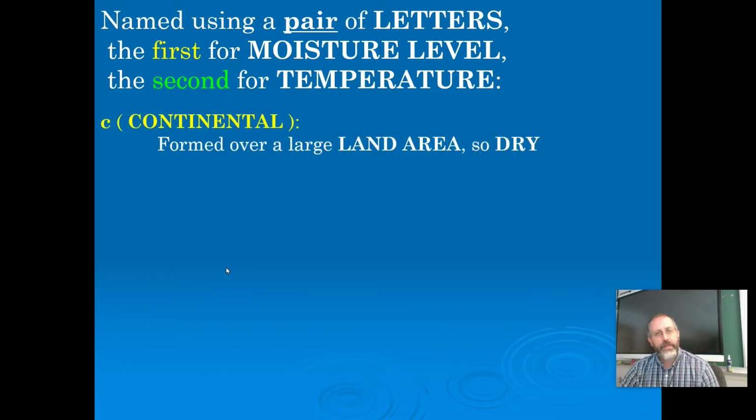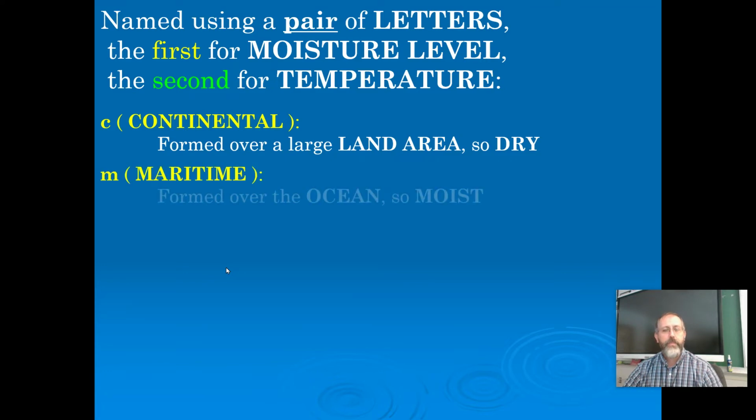The second letter is always uppercase. Just the format they chose. So if you have a lowercase c, it stands for continental. You know what the continents are, the big chunks of land on the Earth's surface. So continental air masses form over land, and as a result, land is dry, so they tend to have dry characteristics, not a lot of precipitation resulting from it.